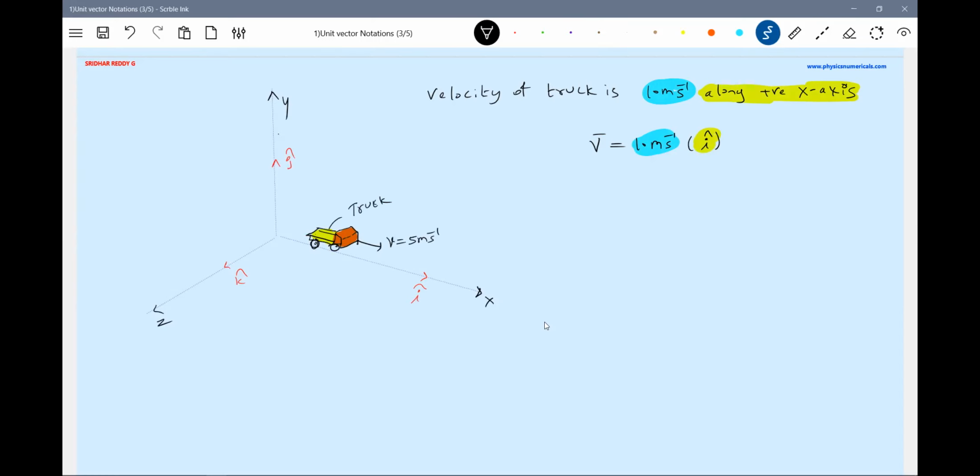Okay, got it, no? This is the basic idea. So this indicates magnitude, this indicates direction, and this is the vector, the velocity vector.